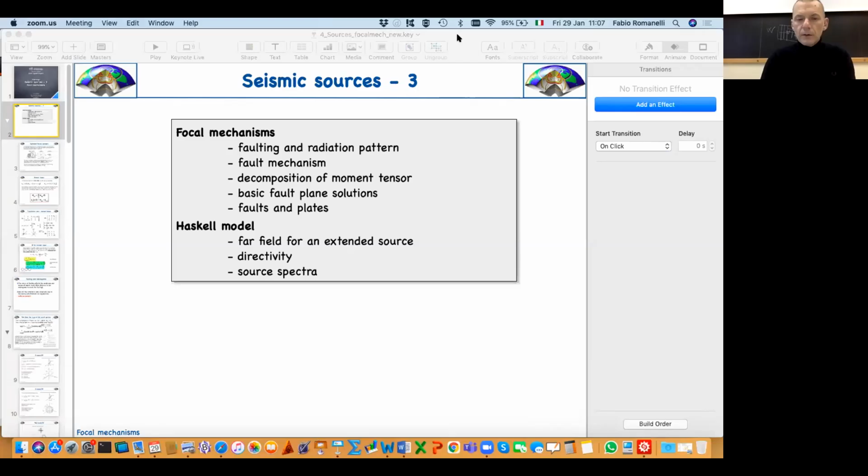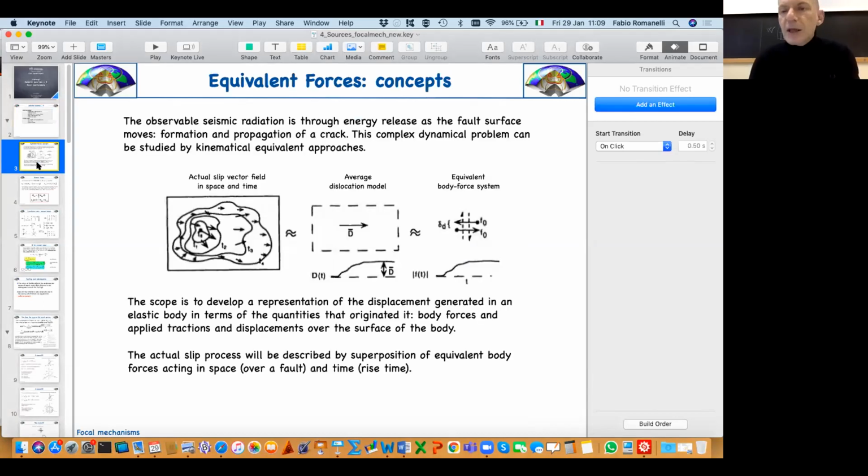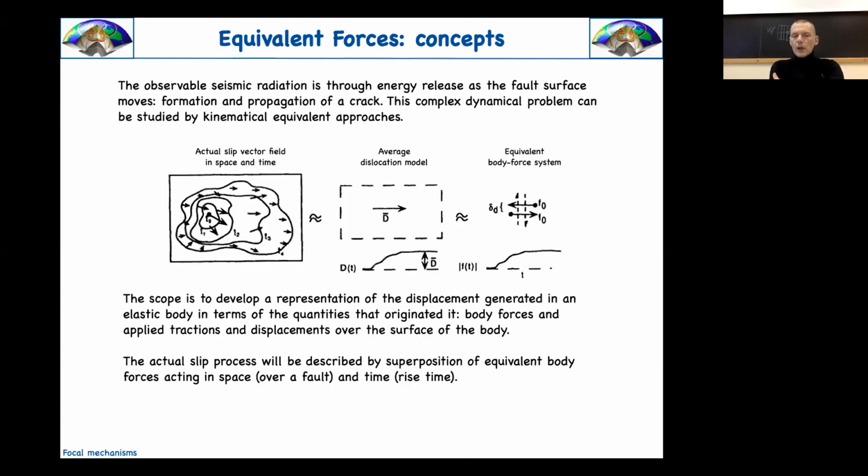So let's go back to the screen and let's make a recap of what we did. The summary is here because we considered a surface. Let's imagine it's a plane, and the plane can be described by strike, dip, and the mechanism with a slip vector. The slip vector is perpendicular to the normal of the fault.